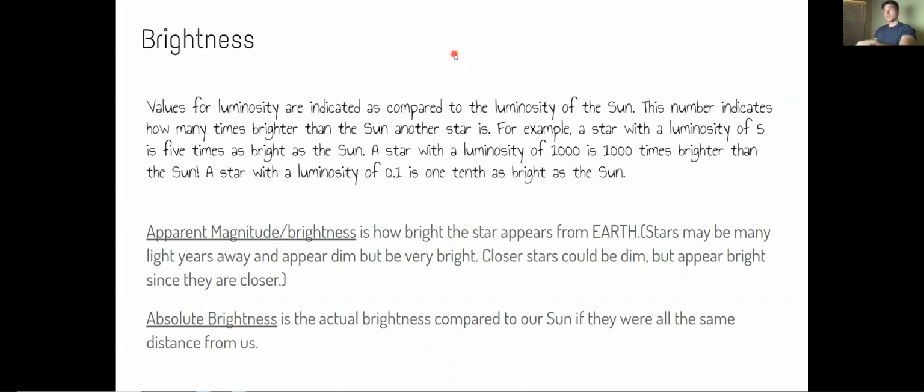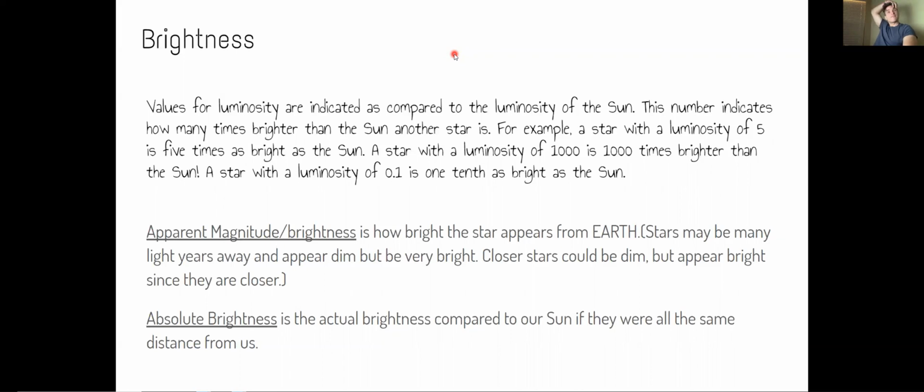It could actually be extremely bright but very far away, so it doesn't seem as bright. And then absolute brightness is actually how bright the sun is. If you were trying to figure that out, you'd line up all the suns right next to each other, and you can compare how bright they are.